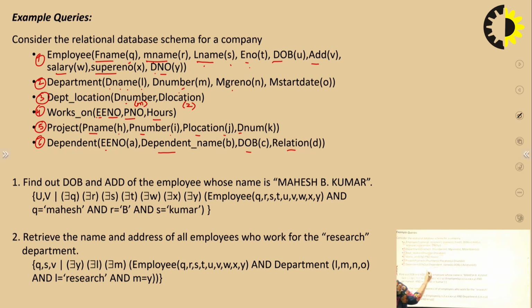So you have seen we have defined different variables for the same attribute also. For example, here we have employee number A, which we haven't defined here, so we can define another variable. C we have given already. Let us take P, we haven't taken it, so let us take P here.